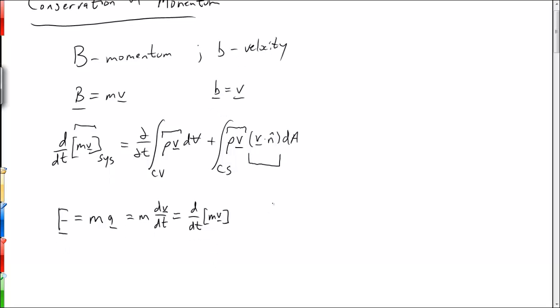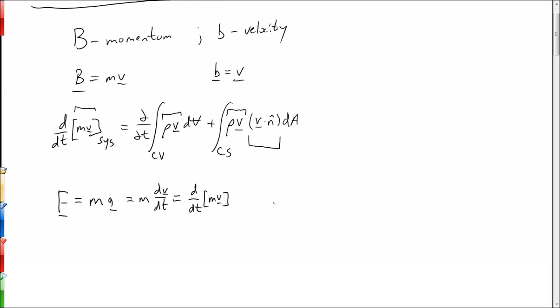So knowing that, we know that the rate of change of momentum of a system is equal to the force acting on that system, or as we usually talk about, the sum of the forces acting on that system. We can make that direct substitution into the equation above, and we see the sum of the forces acting on a system is equal to all of the right-hand side of our Reynolds transport theorem.